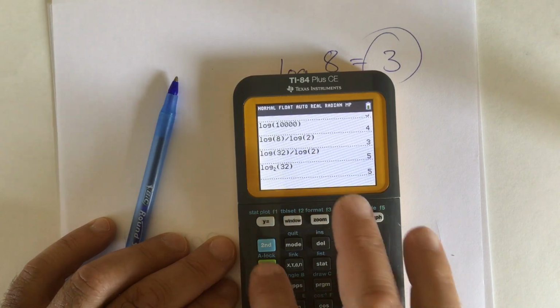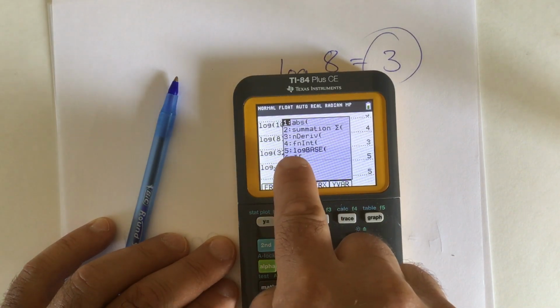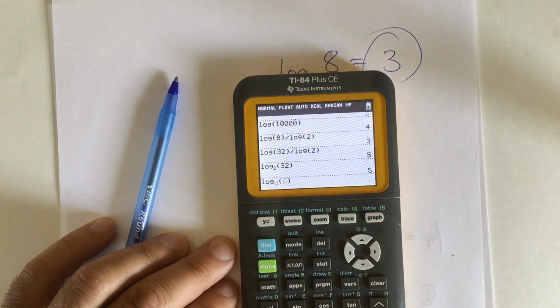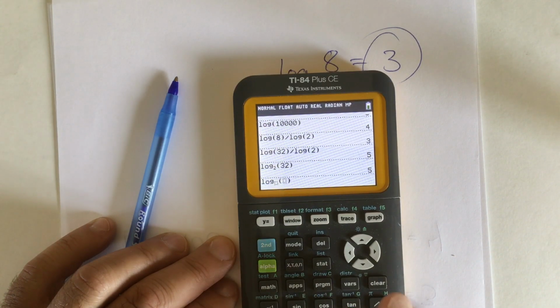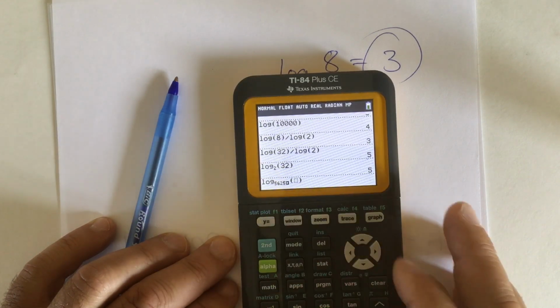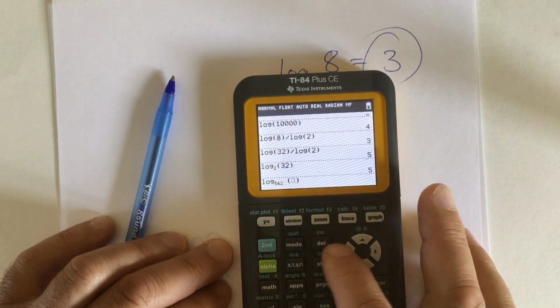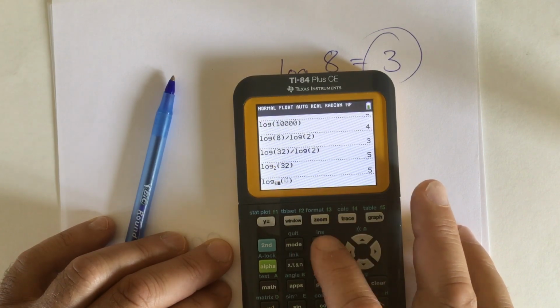So if you want to, you can go alpha window, and then you'd have to choose this thing called log base. And I could do, what is the log base, oh, I don't know, 5 of 625. Log base, whoops, I do that a lot. Oops, hang on, let me delete that, because I didn't mean to, I meant to put it up in the thing.